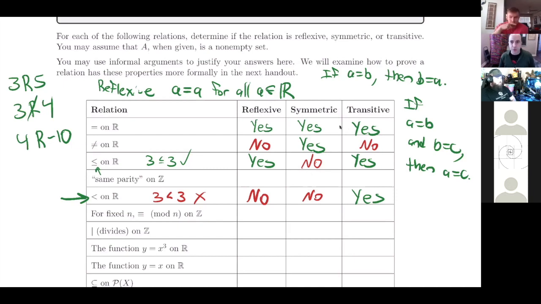Okay, please take another 10 seconds. Awesome, thank you. So here are the results. Yes, this is a reflexive property because we want to check whether a number has the same parity as itself. That is certainly going to be true.